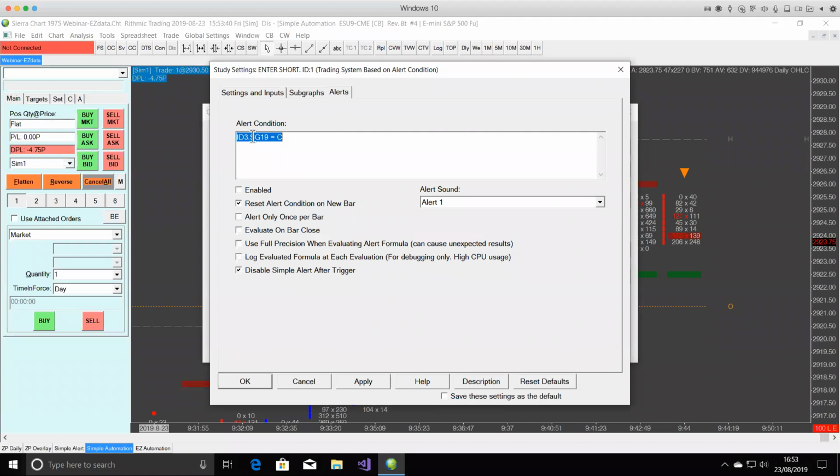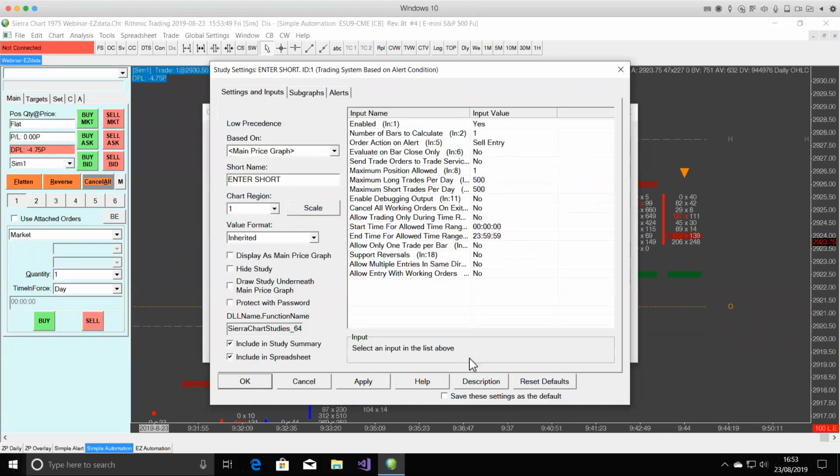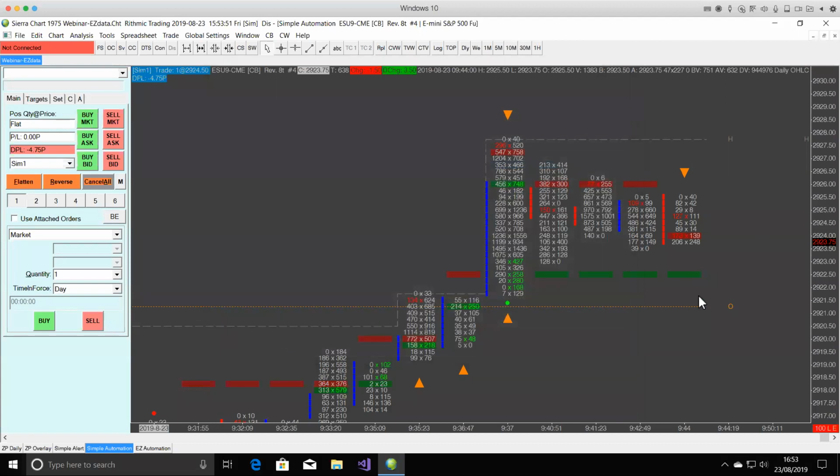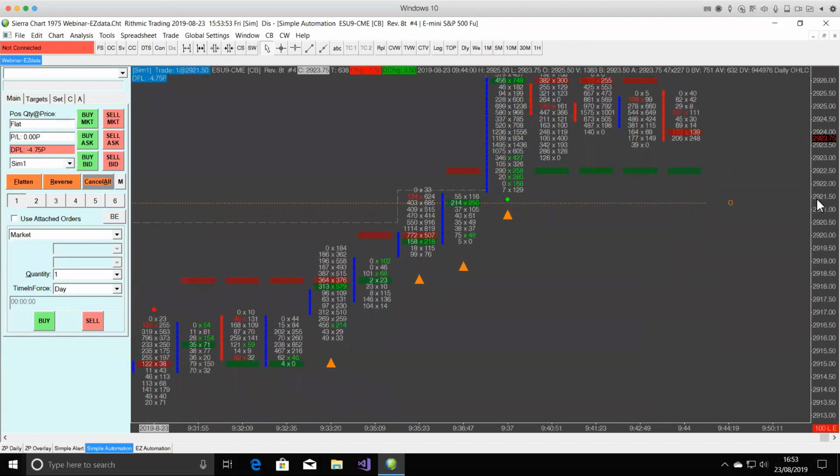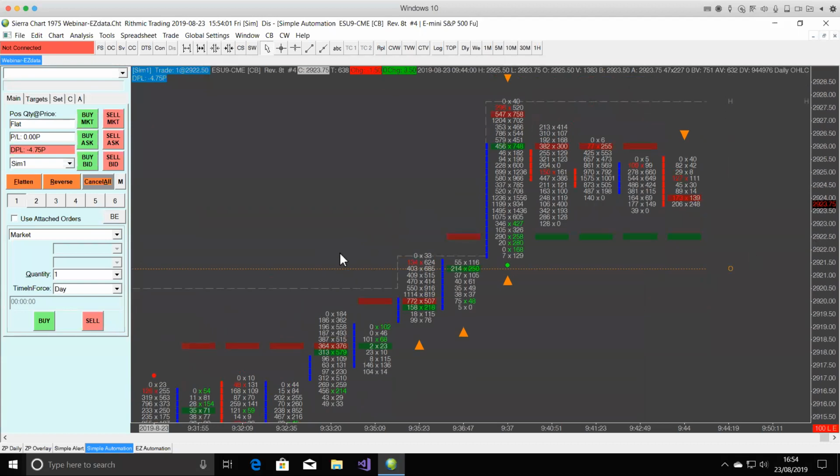So I'm saying if ID3, edge zones, subgraph 19, so that's new supply, if that equals close, then let's do a sell entry. Now, as this chart's been running, the red dots over the candlestick indicates that the condition triggered. The green dot underneath also indicates condition triggered. We can use the trade window for our attached orders and this kind of thing.